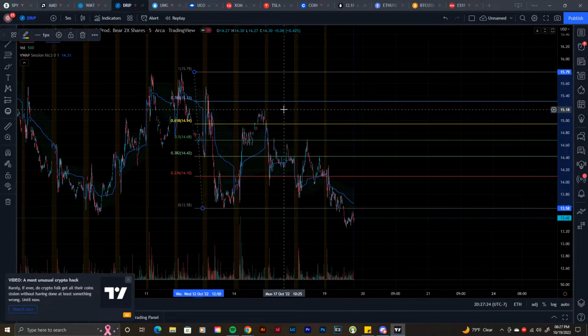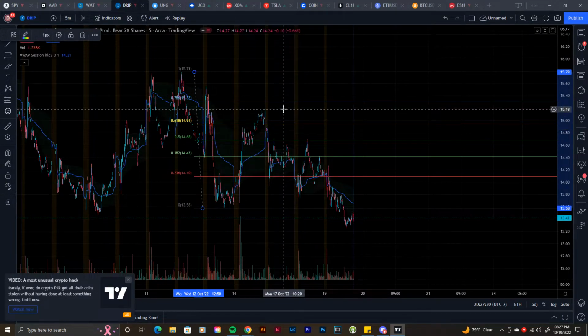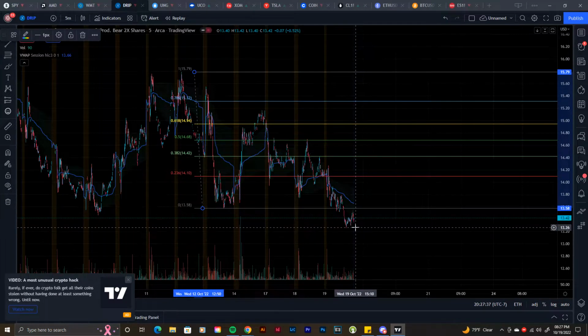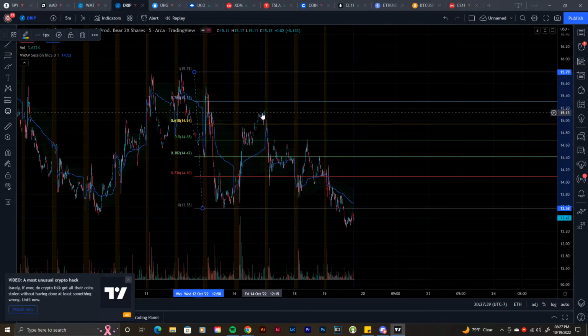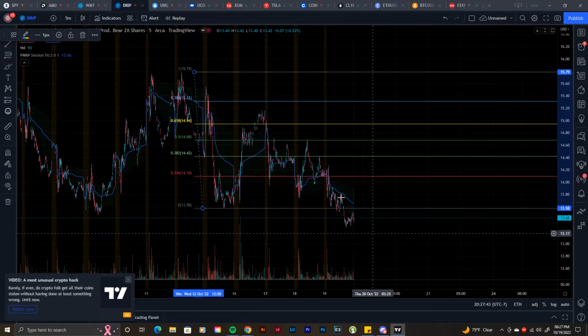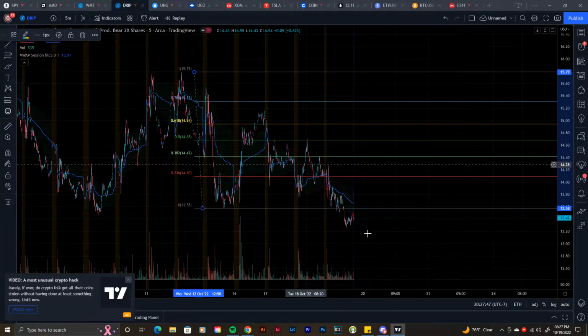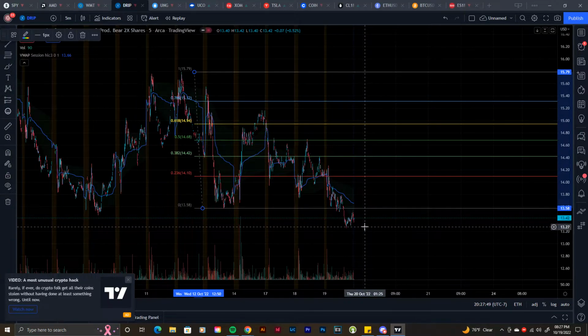If you would have jumped in here from 15.18, you'd already almost be $2 from your beginning contract price. If you would have bought $15 puts, you'd be well in the money in just 2 or 3 days. This would have been Friday market close. You would have swung it all the way up until now, and you'd be doing well on that contract, probably a couple hundred percent.